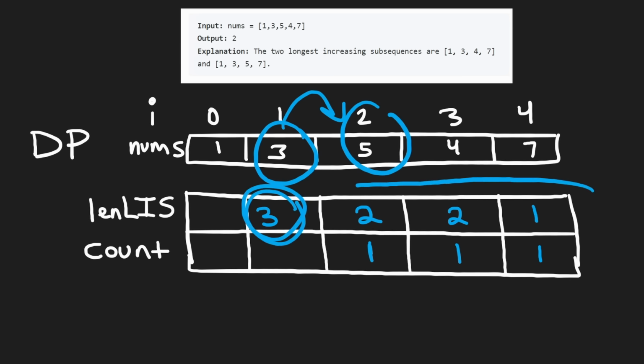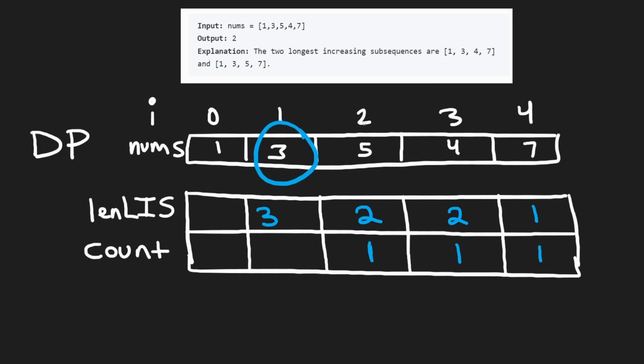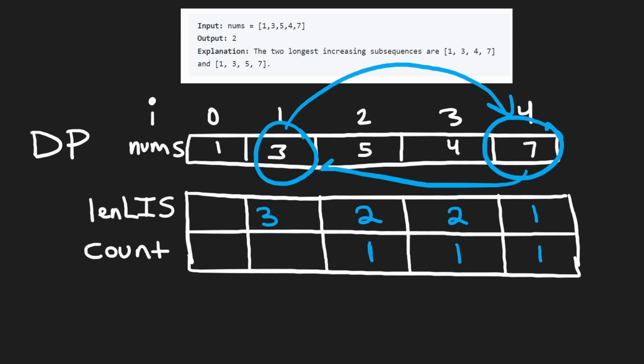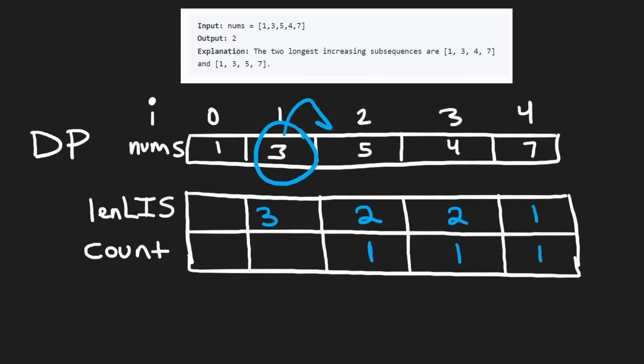I've been assuming it's always going to be the maximum, but it's not necessarily the case, because instead of looking at 5, we could also look at 7 and see that, oh, 7 is greater than 3, so the LIS that we can create with 3 and 7 is going to be of length 2, but 2 is not the LIS, right? We found one that's of length 3. So we're not going to put 2 here. We're going to put 3 here, because we found at least one LIS that is of length 3, and that's going to be 5.